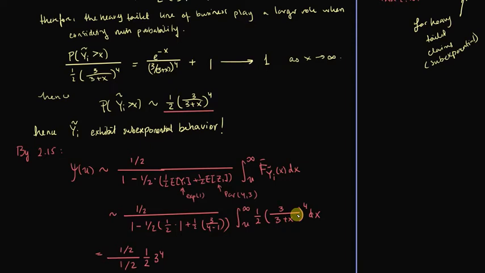And inside here, what we've got left is just the integral from u to infinity of 1 over 3 plus x to the 4th. So the antiderivative of that is 1 divided by 3 multiplied by 1 divided by 3 plus x to the 3rd.